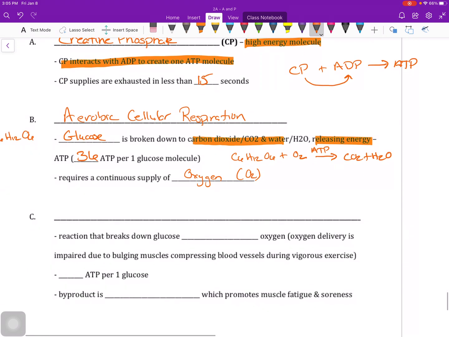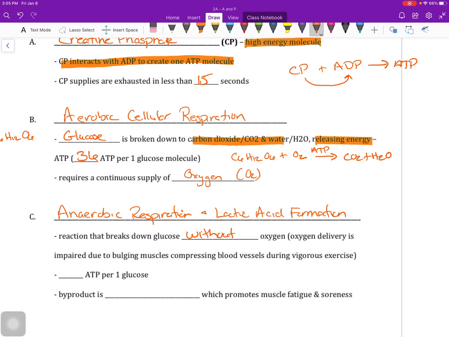Now, after you have used up all your oxygen, so think you're running a marathon or something like that, and you're short on oxygen supplies, you have what's known as anaerobic respiration and lactic acid formation. All right, now this reaction breaks down glucose without oxygen, okay?